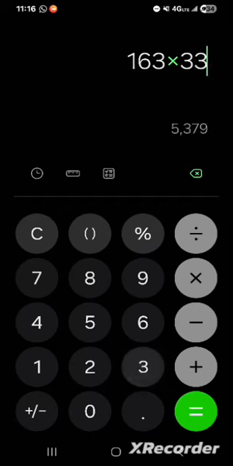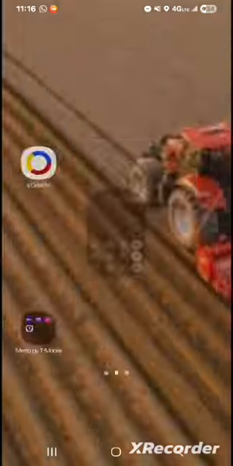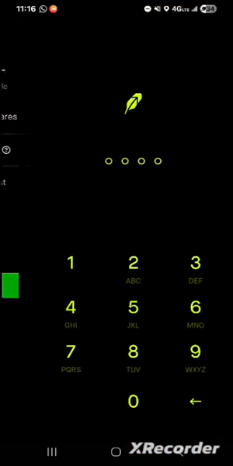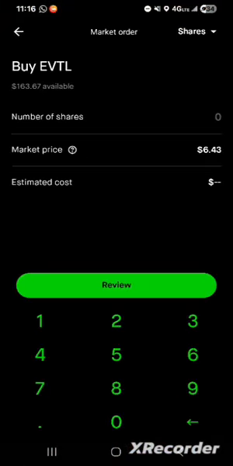I'm going to trade with a third, so 53.79. So that would be around what? 8 shares, 51.44. We're going to trade around 53 right here. So here we go. We're going to enter this trade.